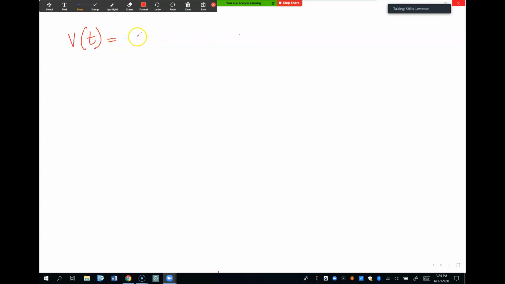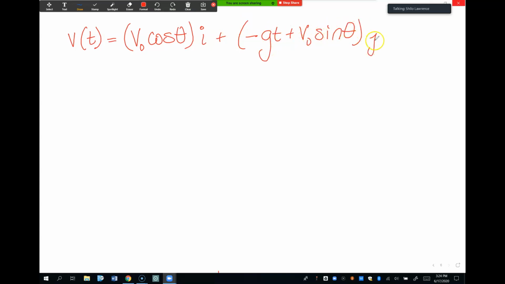So we had c1 i, so v sub 0 cosine theta is our i component. And then we have negative gt plus v sub 0 sine theta as our j component. For every single projectile that's only being affected by gravity, this is the velocity function.